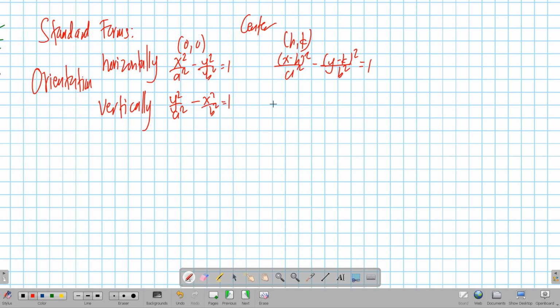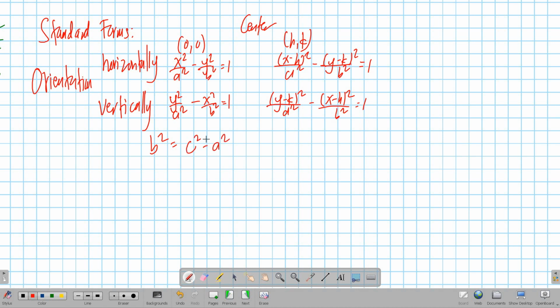If it's h, k, this becomes y minus k squared over a squared minus x minus h squared over b squared equals 1. So as you can see, whichever variable is the positive one, it tells us the orientation of the hyperbola. If it's x squared that is positive, it's horizontal. If it's y squared that is positive, it's vertical.